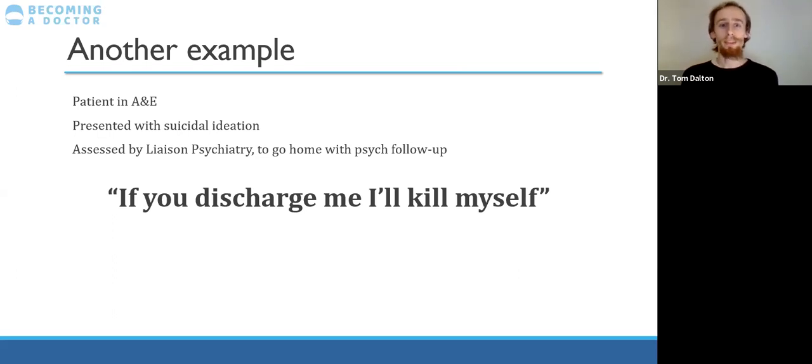But obviously, on face value, the way you make sense of it is this patient is causing me jip by saying this stuff and making these threats. That's how you might tend to approach that. But hopefully, if you see this in the future, you can bear in mind some of the other stuff that we've talked about. Question from the chat.